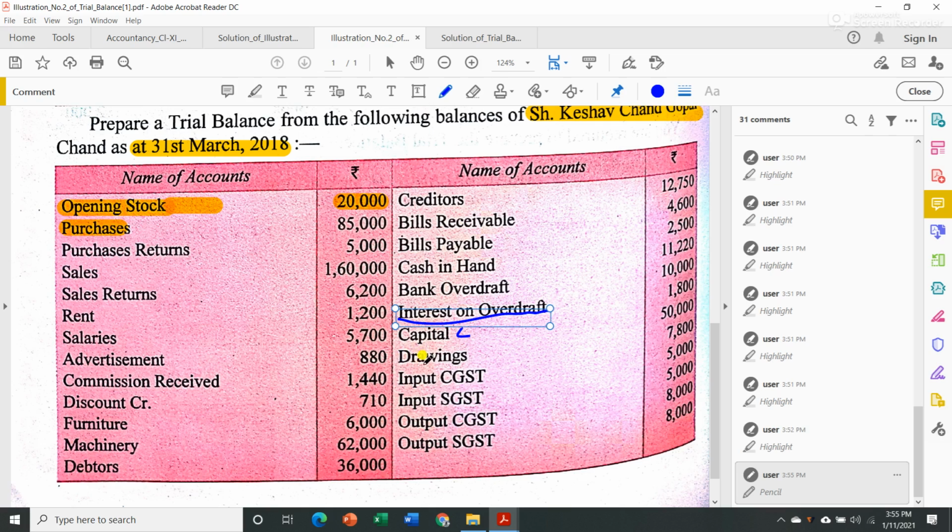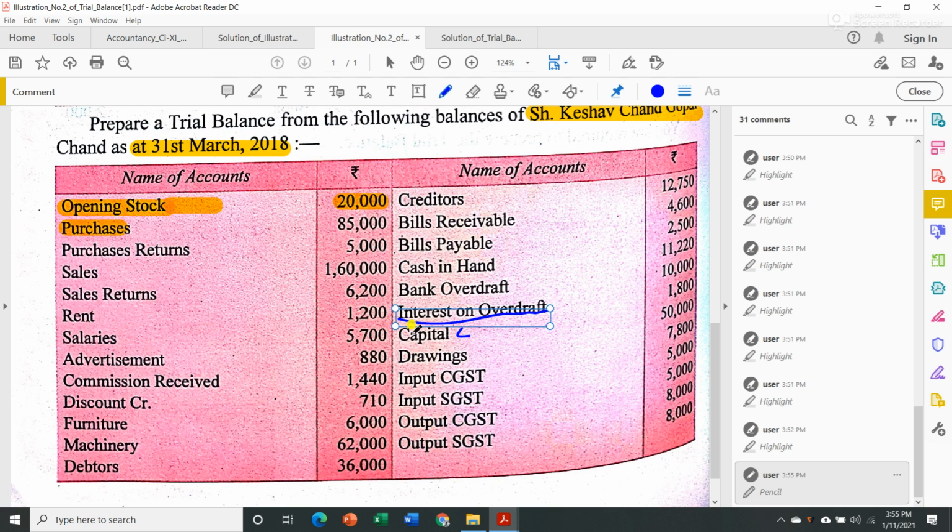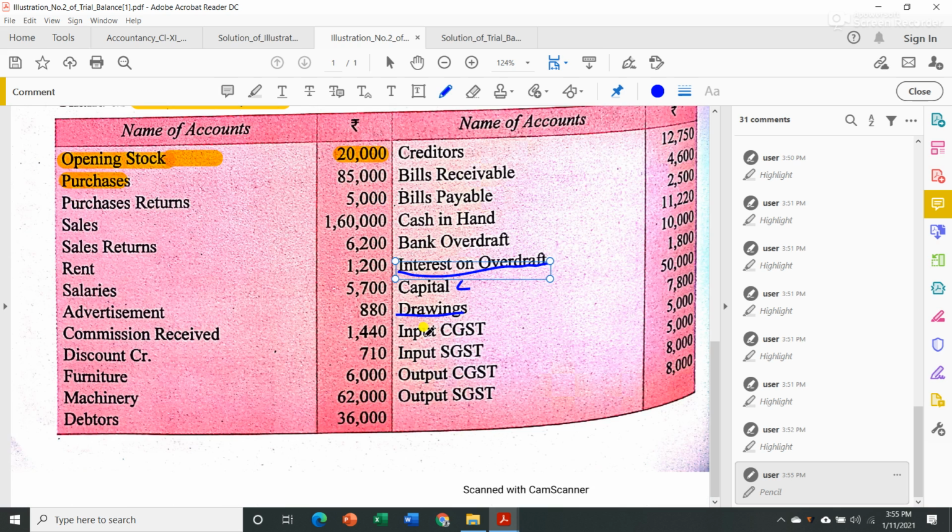Then drawings, as you can see here, show a debit balance. Then input CGST, input SGST, output CGST, and output SGST. Input CGST is the GST that we pay while purchasing goods, so it is like our expense.